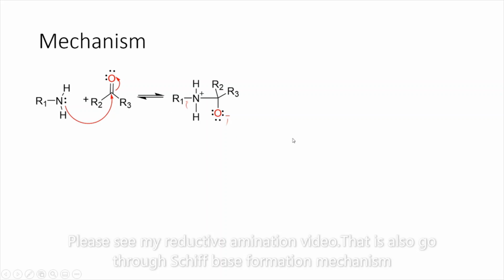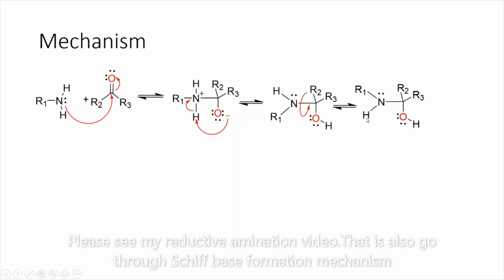Here this negative oxygen will take this hydrogen and the electrons will be given to this nitrogen to form a neutral nitrogen, and here this OH will take this hydrogen to be removed as water. This is a single bond, so it will rotate and go to the same side, so it is a syn elimination to form a double bond. So here is the Schiff base and the water molecule.